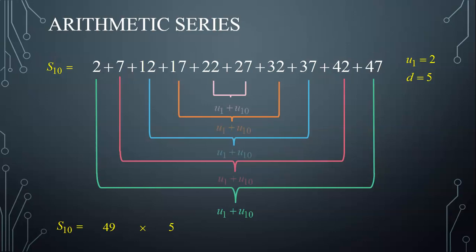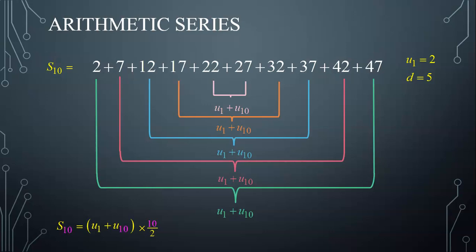So every 49 I obtained is in fact equal to U1 plus U10. So in the expression I have for S10, I replace 49 by U1 plus U10. And since I started by adding 10 terms, the 5 I'm multiplying with in S10 is in fact equal to 10, the total number of terms, divided by 2.